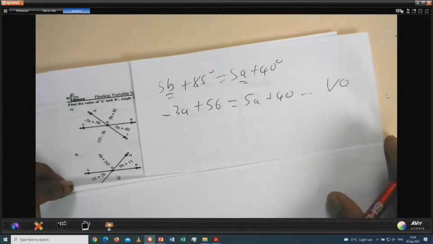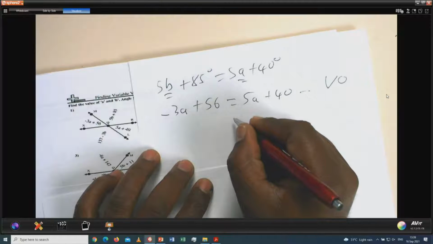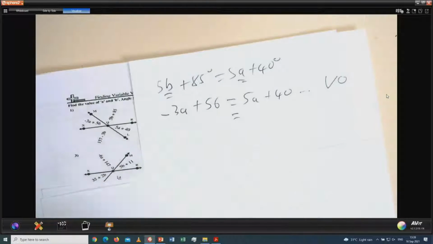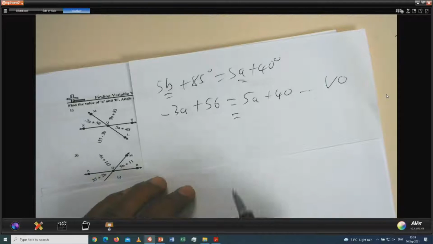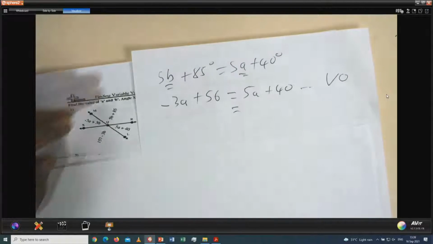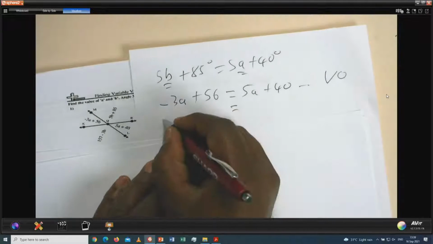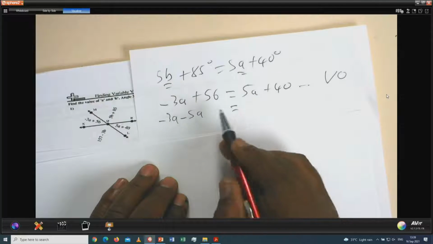Now you'll be working with your like terms, algebraic expressions here. Now we put the ones with variables on the left. You still remember what happens when you change the position? This one was positive. Now when it comes this side, it's going to be negative. 56 is positive.